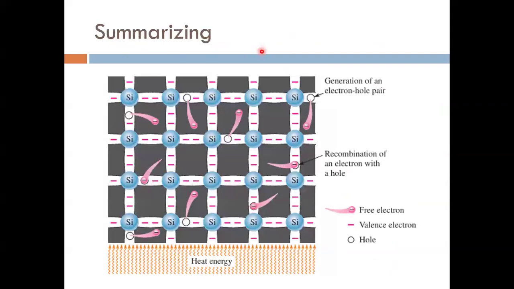Now if we summarize, this is a silicon crystal. In this silicon crystal there are many silicon atoms.